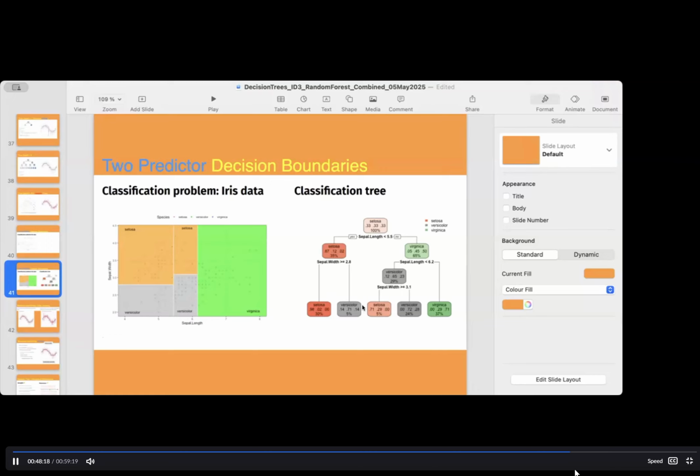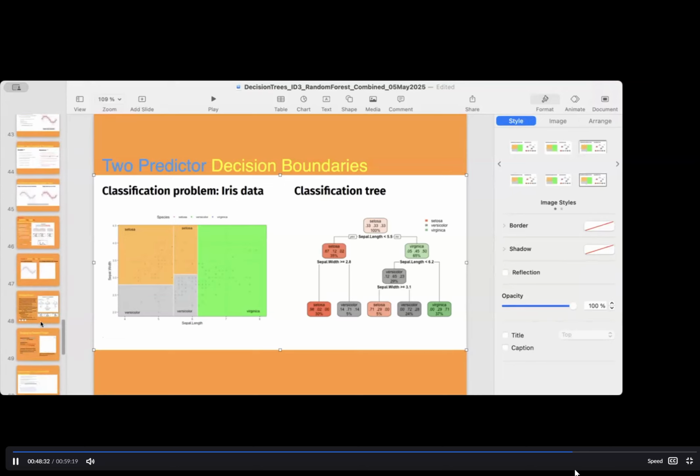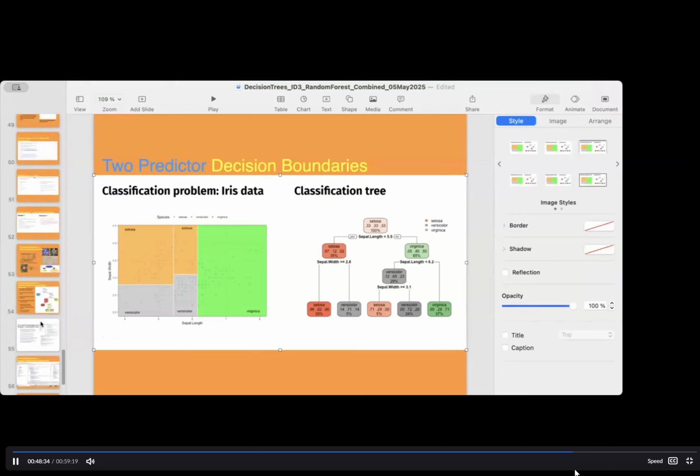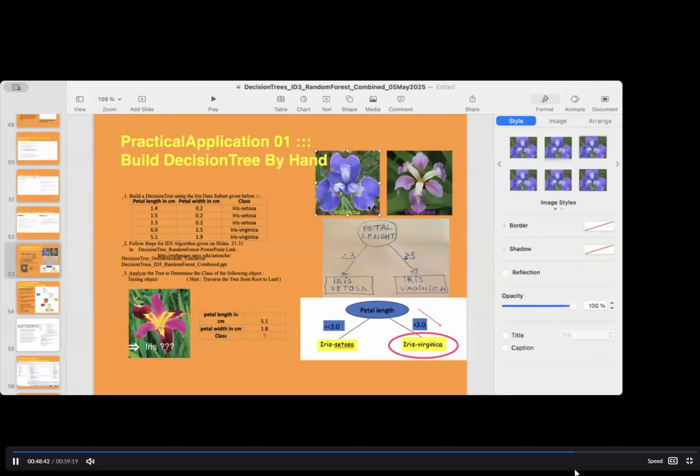This is showing an actual decision tree built with software from the machine learning iris dataset, which is what we have in our lab today. The iris dataset is a set of flowers that tells us what makes a flower Iris setosa, or what makes it Iris virginica.